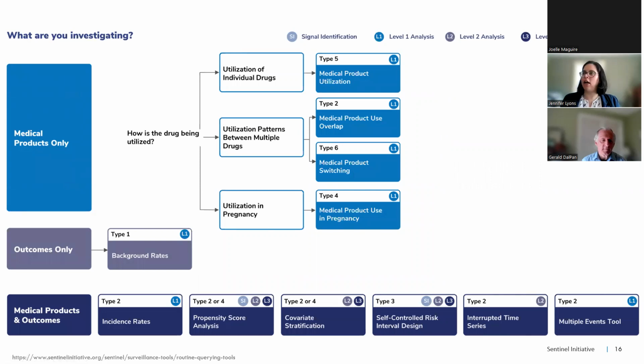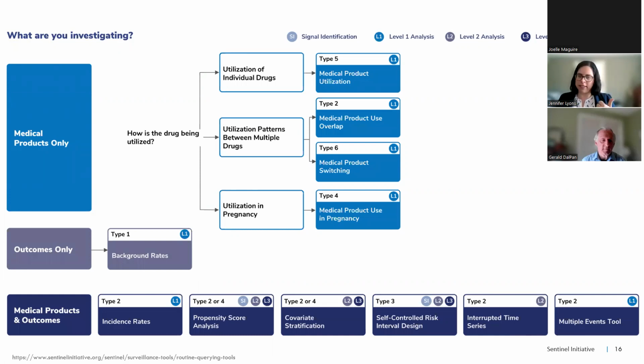So you can see at the top of the screen, we have our circles for the signal identification in different levels. And so we go from that to our much more detailed tools list, which are structured based on this question: what are you investigating? And all of our tools are categorized based on this question and 3 broad types of investigations that FDA might have.